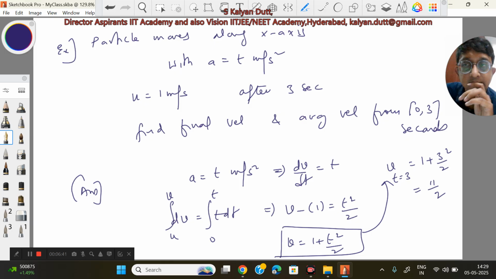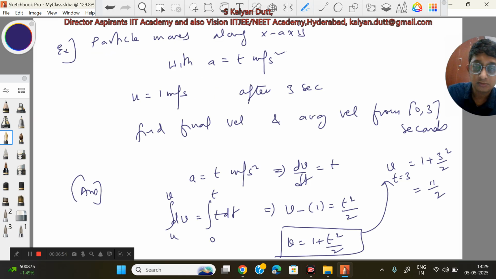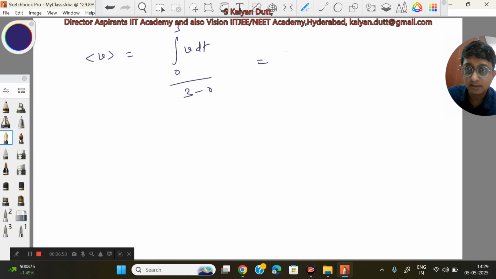Now, let's calculate average velocity. Average velocity is velocity integrated over time, divided by time interval. So velocity is 1 plus t square by 2.